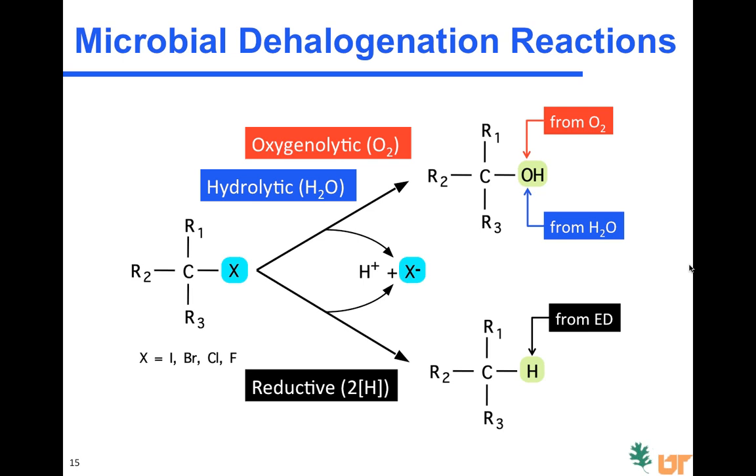What you also note is that a proton is released together with the chloride. So if you have a lot of dechlorination, you may acidify the environment because you do generate protons. This can be significant and important for bioremediation. We may talk again about this later. So now to the next slide.